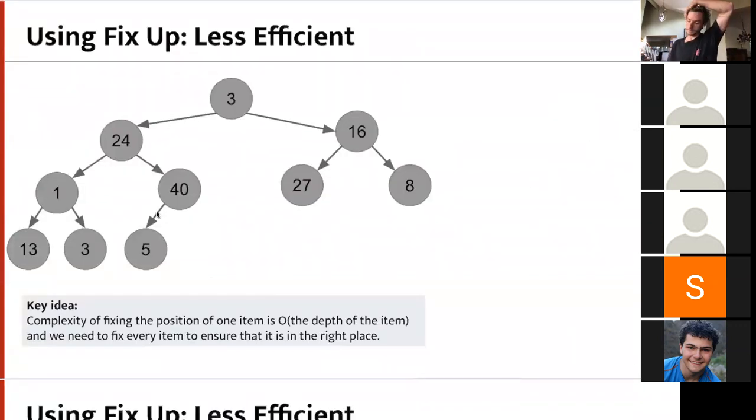All right, so fix up. The idea is that we're going to fix up starting from the top and moving down. So the complexity of fixing the position of an item is, in this case, the depth of the item, because we're going up.